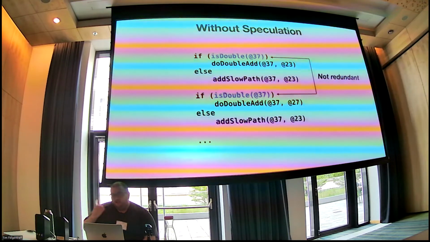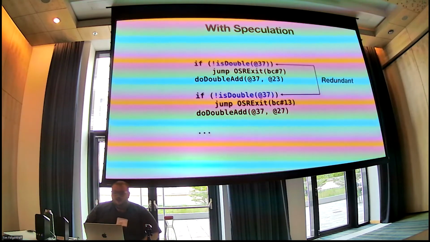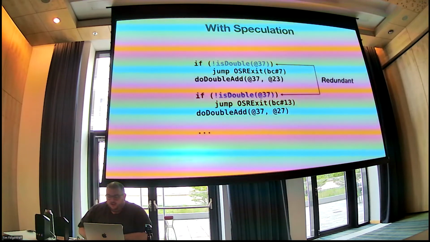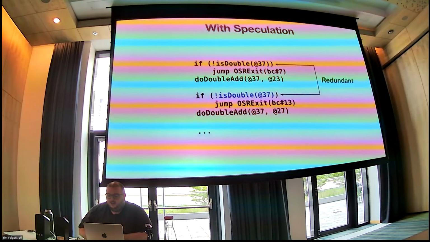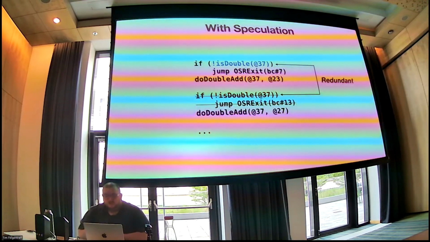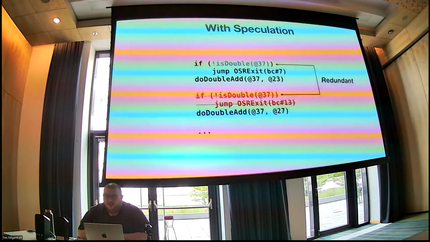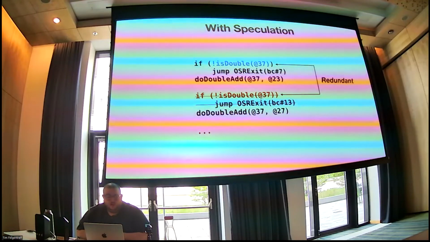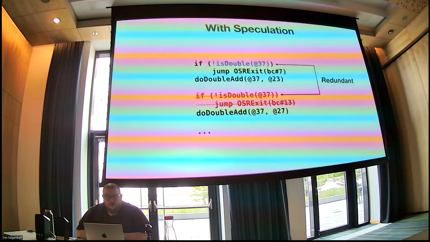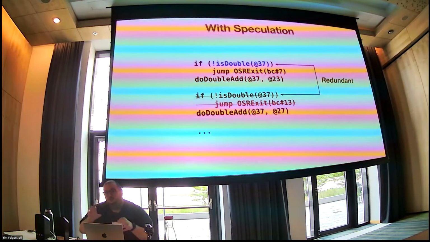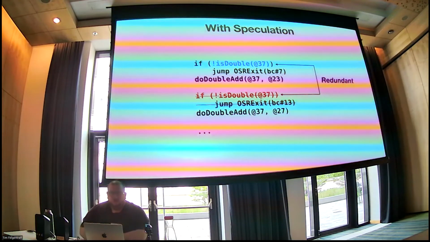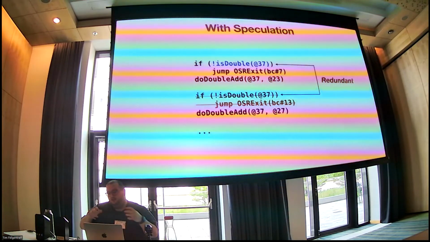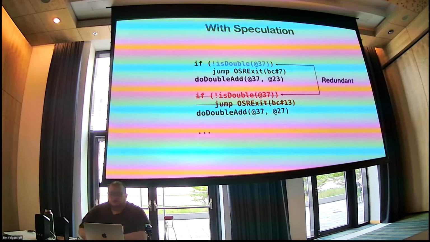It can produce any value. If instead we speculated, we know that the second check is redundant with the first check, so we're allowed to remove it from the IR, and from the emitted machine code. We also know that the double add itself will produce a double, which then flows into other things, and you know that the proven value of that operation is a double itself.